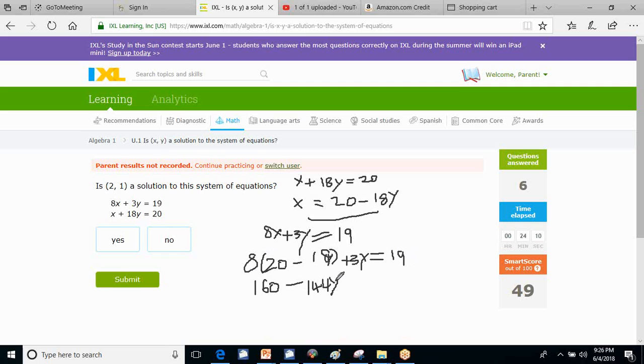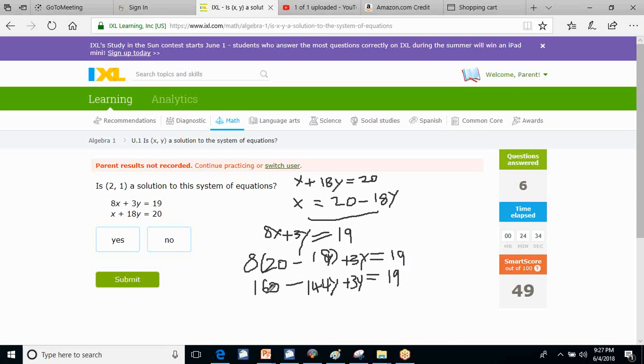And then this is plus 3y, and that's equal to 19. So you have to do it step by step. There's no easy, simpler way to do it. All right. So this is one.